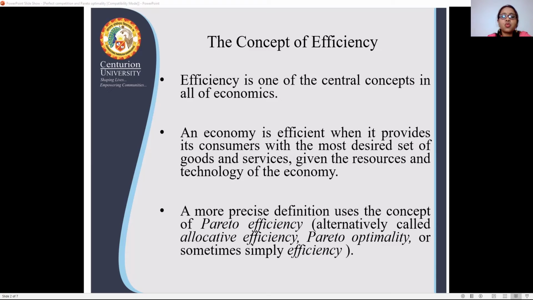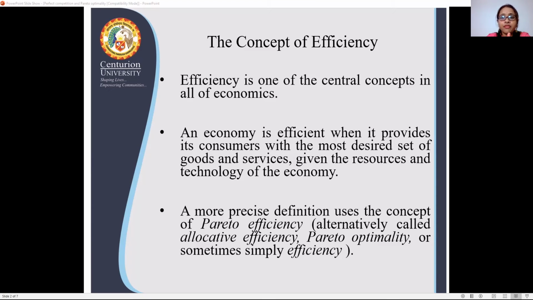Efficiency is one of the central concepts in all of economics. In a general sense, an economy is efficient when it provides its consumers with the most desired set of goods and services given the resources and technology of the economy.